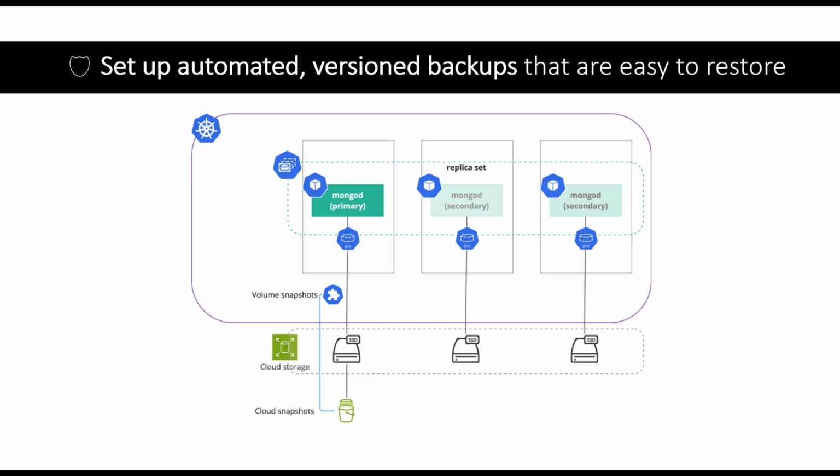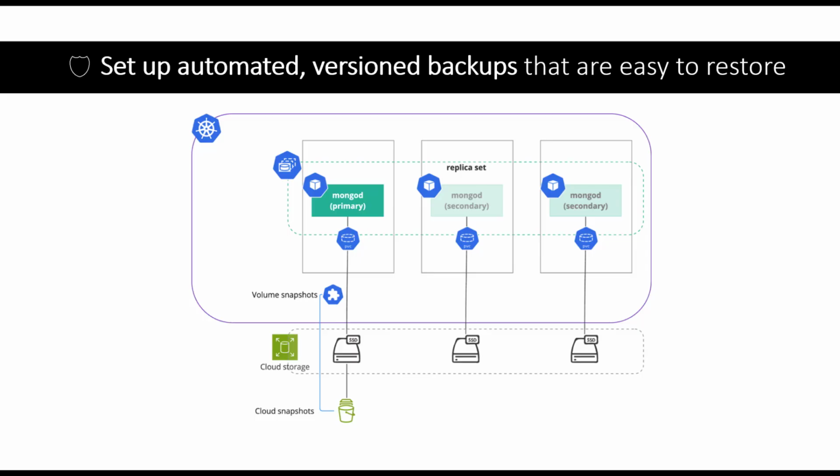To set up manual or automated backups, we need storage. As you see in this diagram, we can use cloud storage like S3 on Amazon and record our backups.